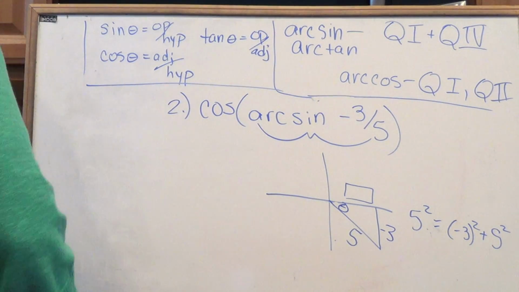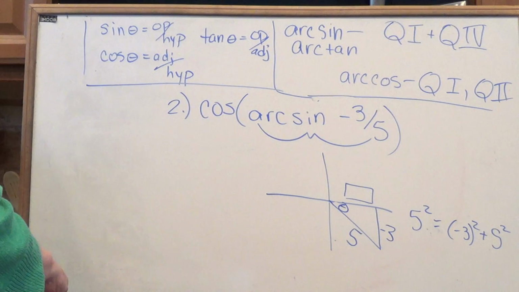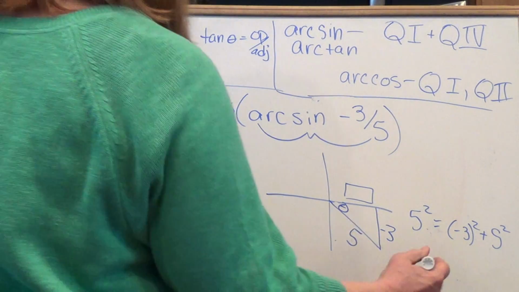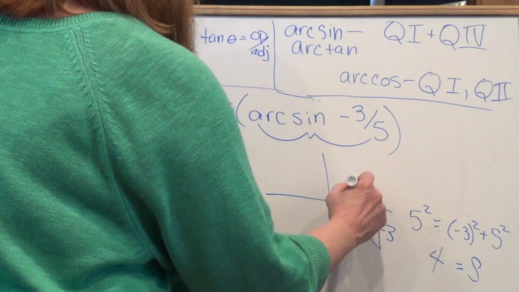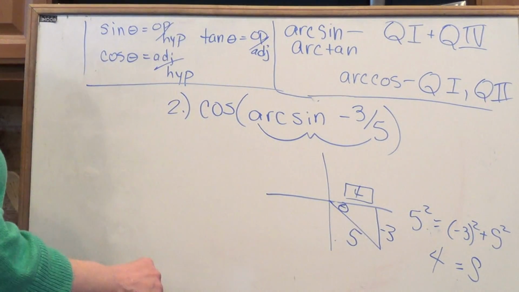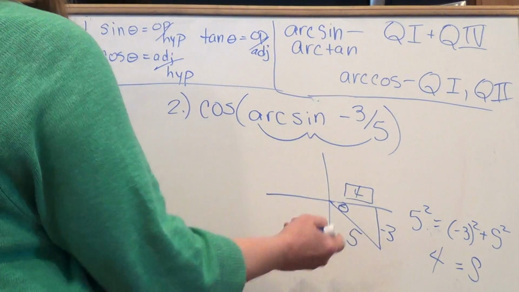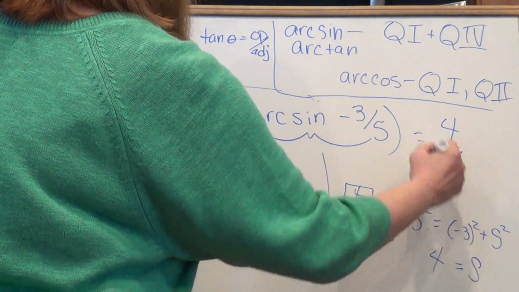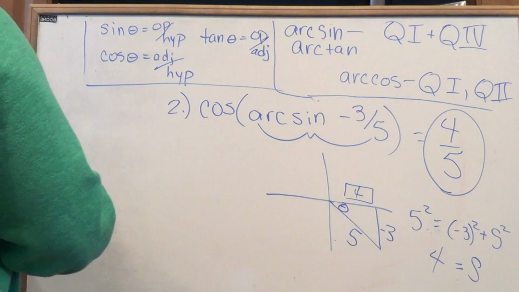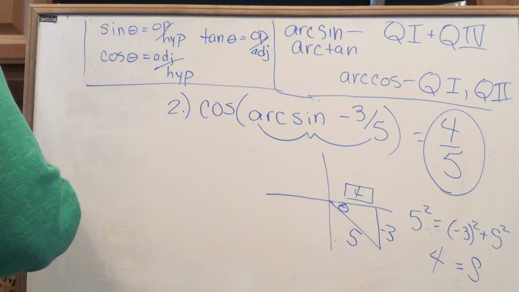And when I calculate that, it turned out that it was a 4. So side equals 4. So I put that here. And now I'm ready to take the cosine. Adjacent over hypotenuse, 4 over 5. That's my answer.